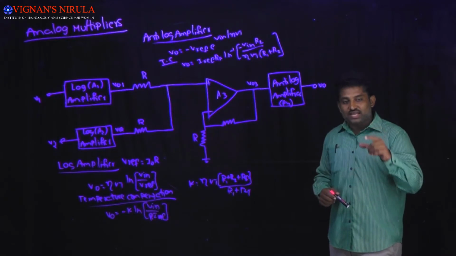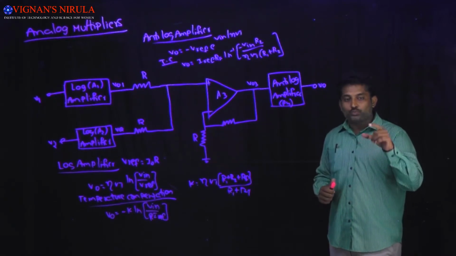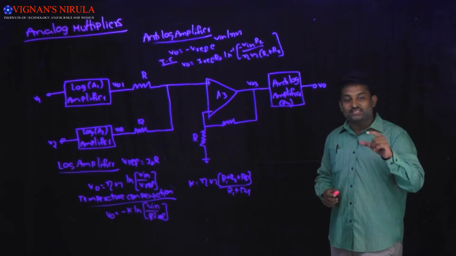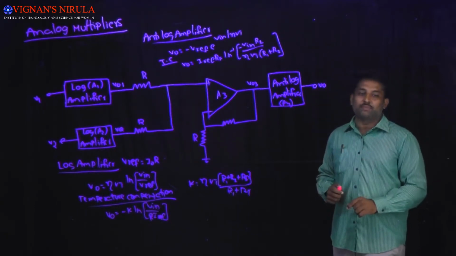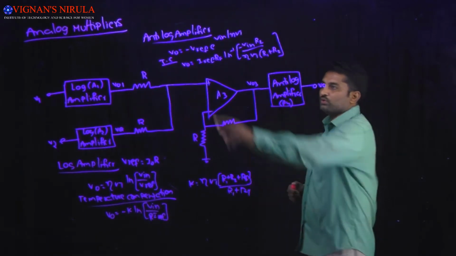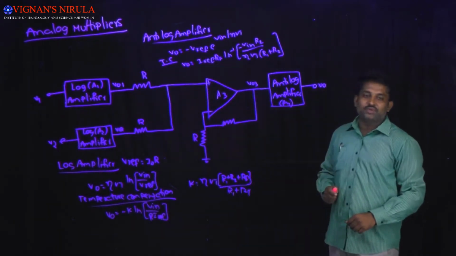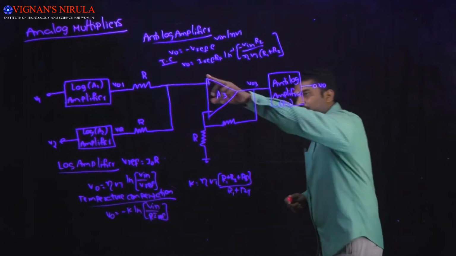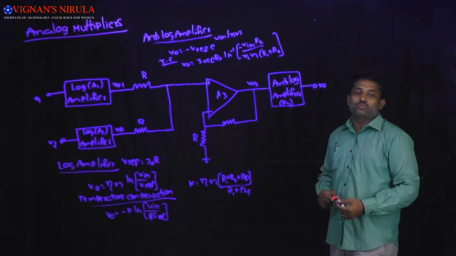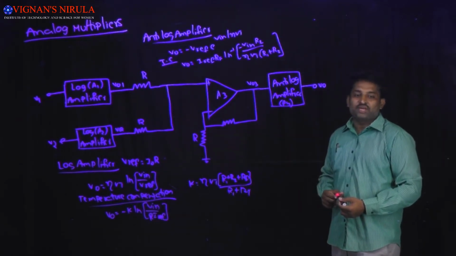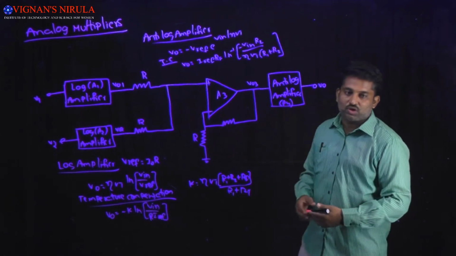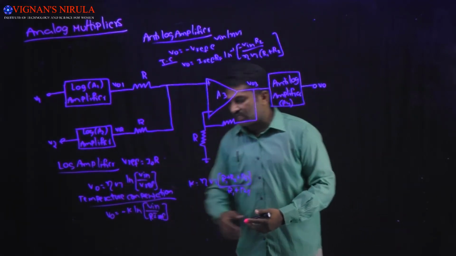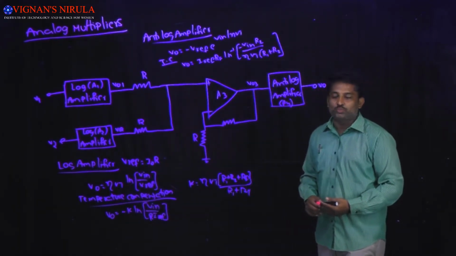And once again I am recalling the output voltages of the logarithmic amplifier and the temperature compensated logarithmic amplifier, as well as of the anti-logarithmic amplifier and the temperature compensated anti-logarithmic amplifier.